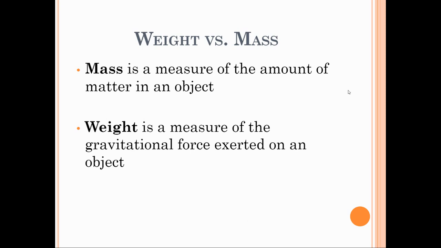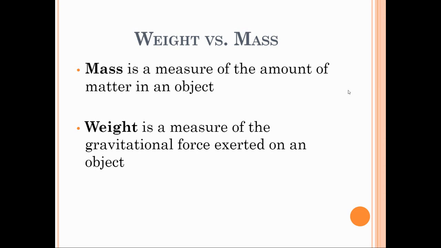Okay, so how I describe this in class is, my mass, whatever my mass is, is the same on Earth as it is on the moon as it would be on Mars. My weight, however, will change based off where I'm at.